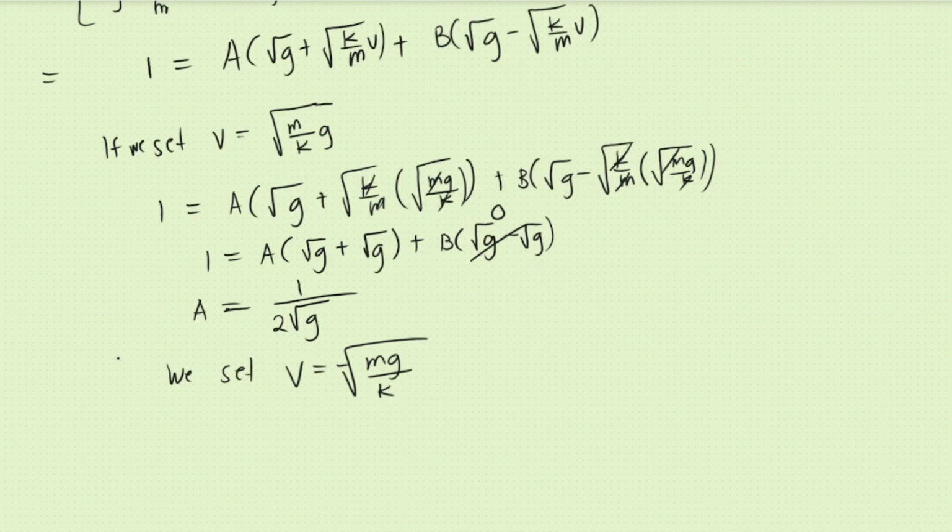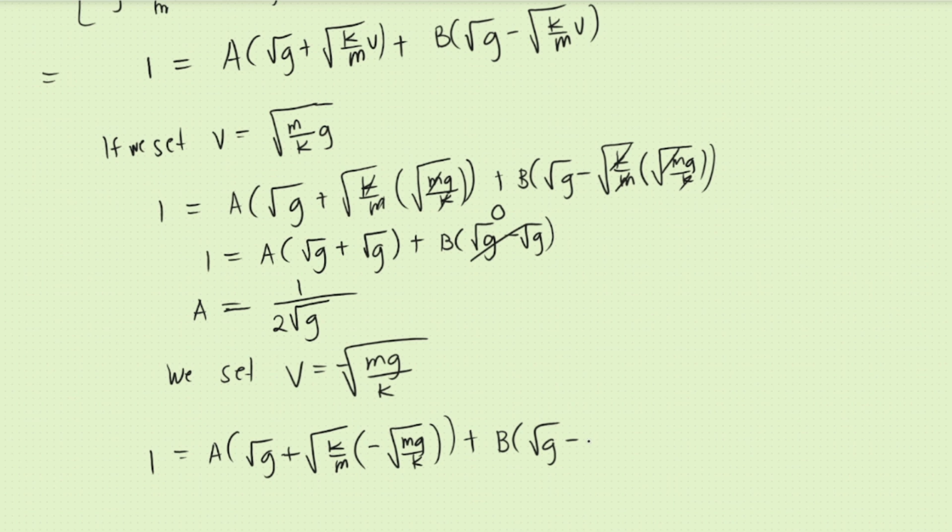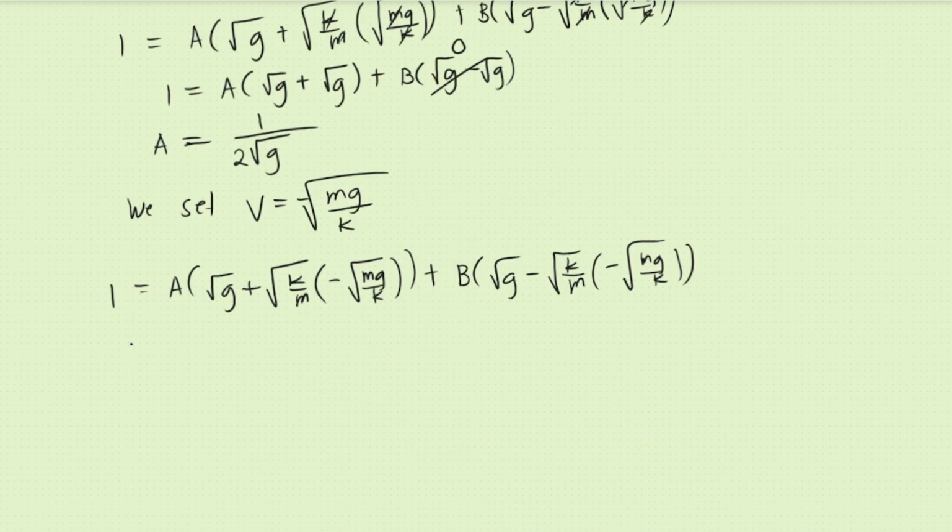So we now have 1 is equal to a times square root of g plus square root of k over m times v, which is negative square root of mj over k, plus b times square root of g minus square root of k over m times our v, which is negative square root of mj over k. So that means 1 is equal to a.